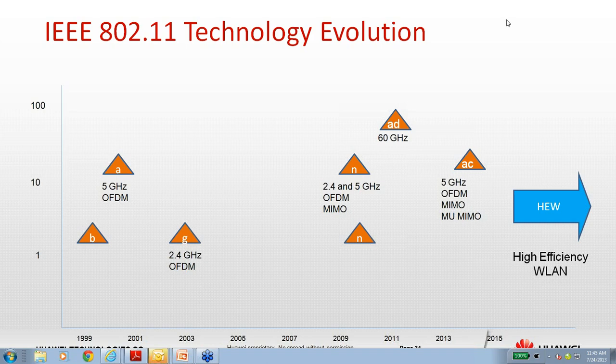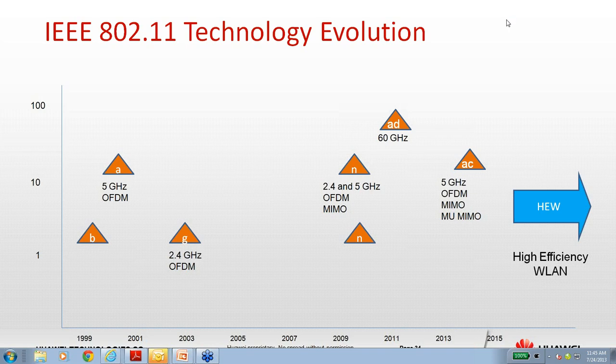In addition to that, we'll look at ways of increasing the bandwidth as well, and better ways of handling interference. The HEW study group's first meeting was in May 2013, that's 2 months ago, and it had its second meeting last week during the 802.11 meeting.